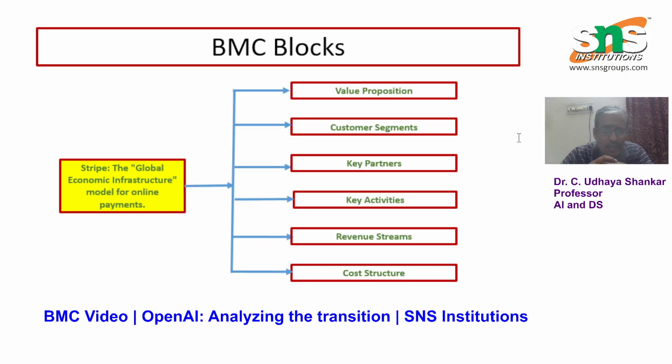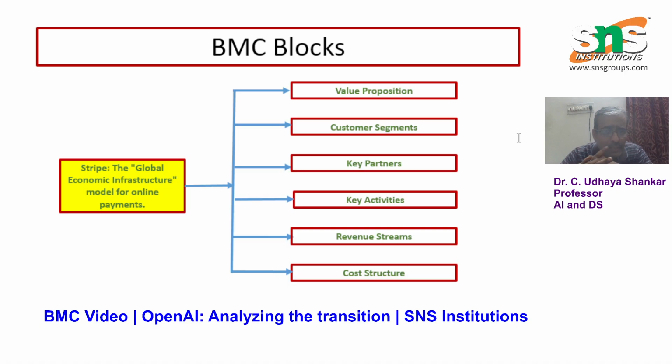By targeting a customer segment that spans from startups to giants like Amazon and Ford, Stripe has built a massive revenue stream through volume-based processing fees and high margin SaaS products like Billing, Tax, and Radar.